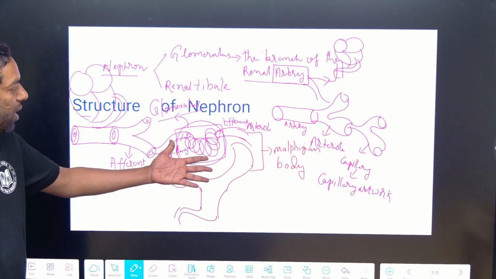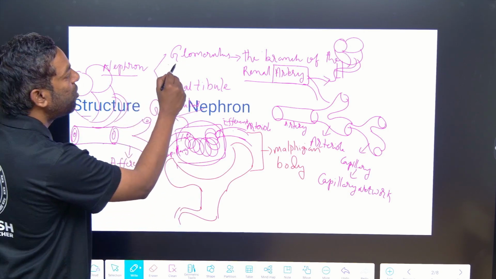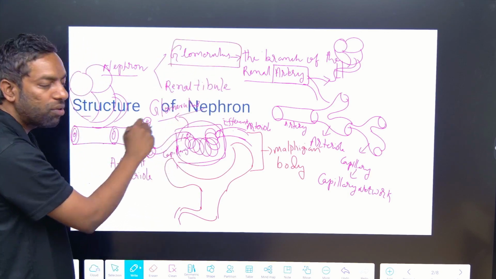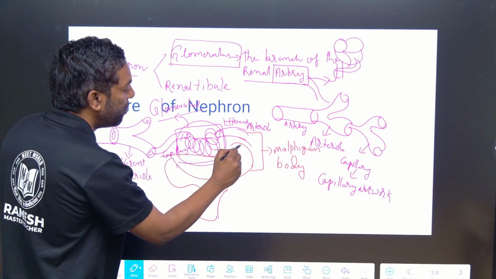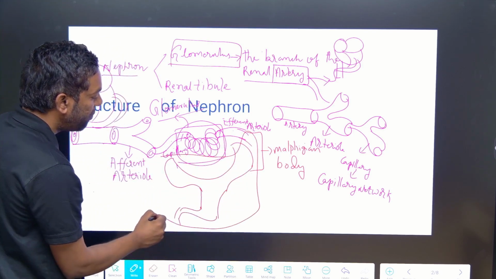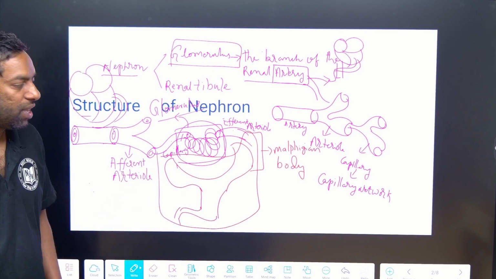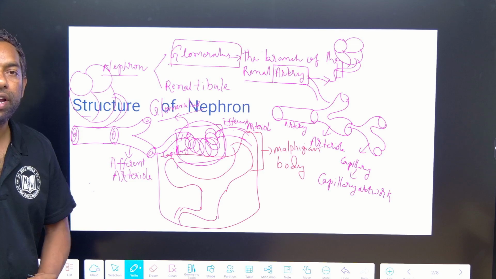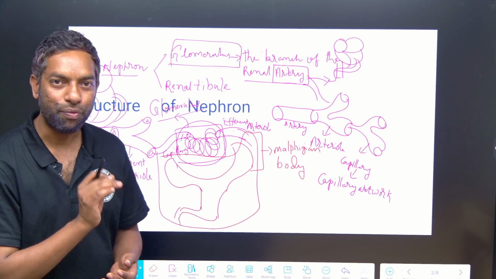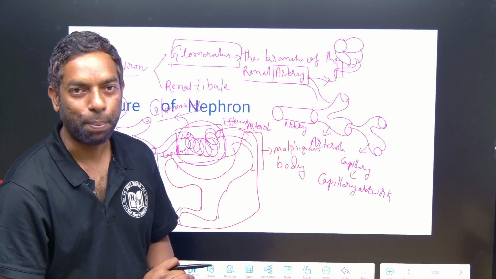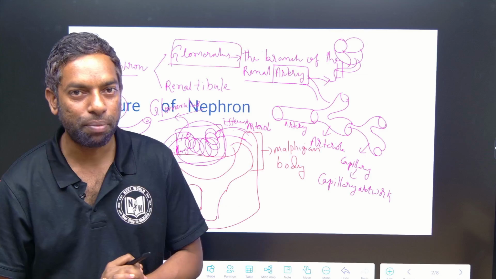Nephron has two parts. One part is the glomerulus, which is the capillary network, and one part is the renal tubule, which is formed of epithelial tissue. This is a brief introduction to the nephron, the structural and functional unit of the kidney. Structurally, it has two parts.